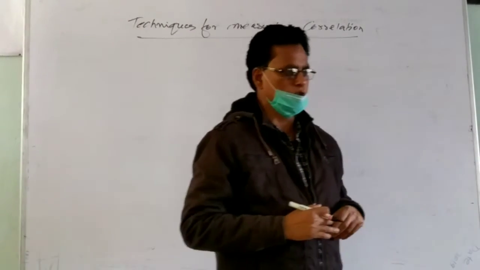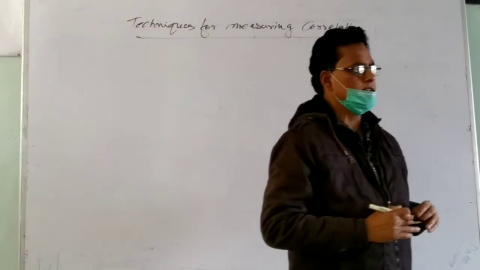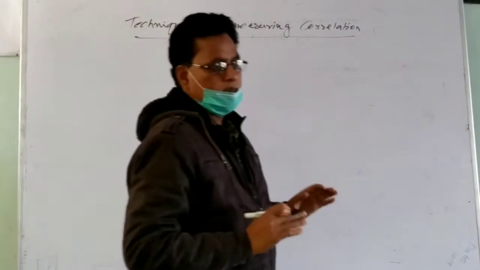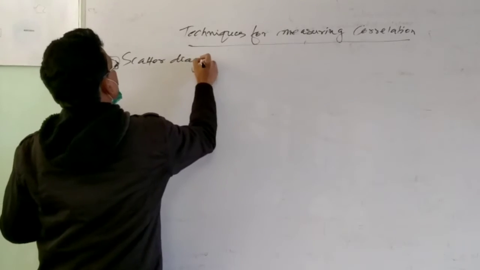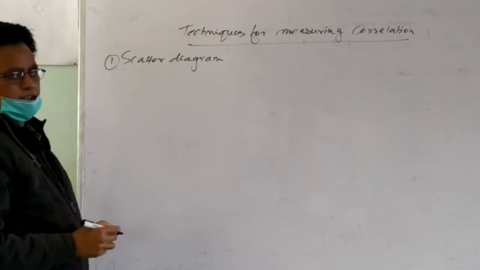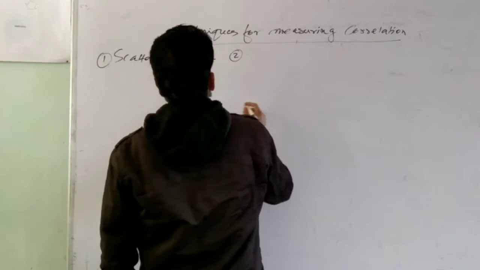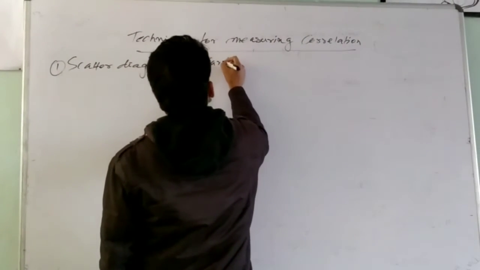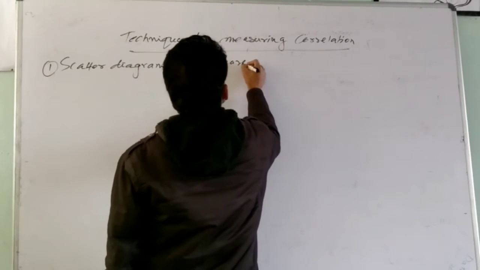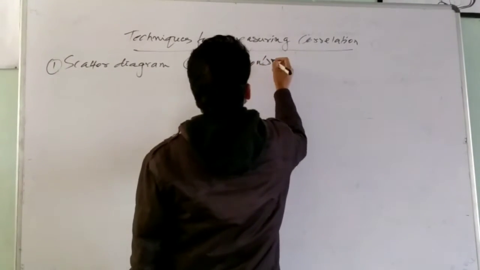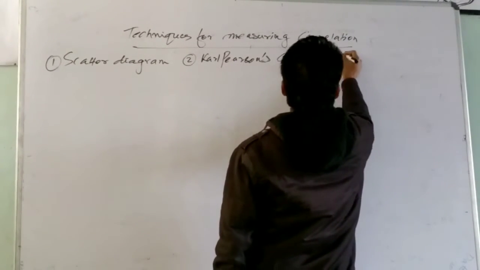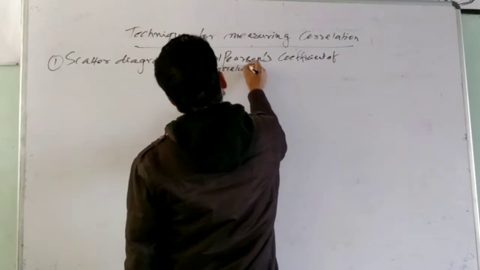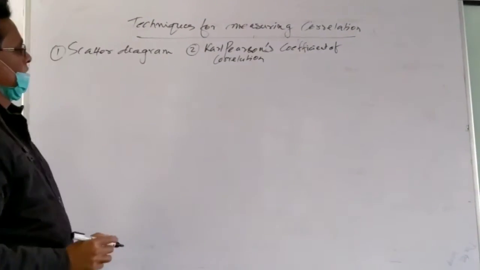Three methods are used. The first method is known as the scatter diagram. The second method is known as Karl Pearson's coefficient of correlation.